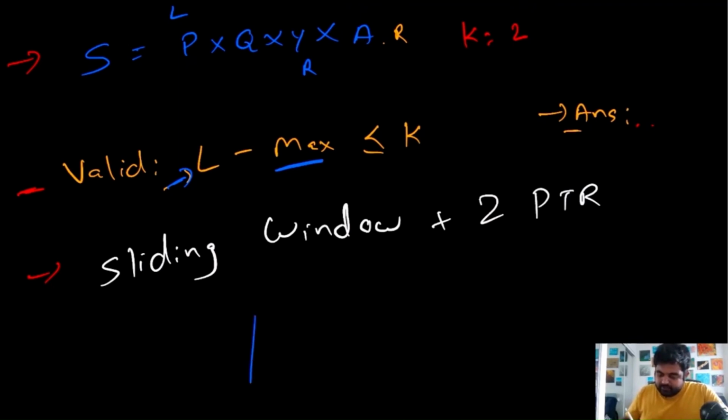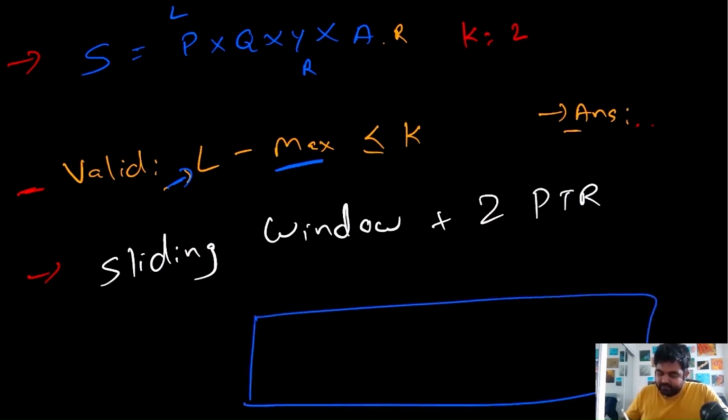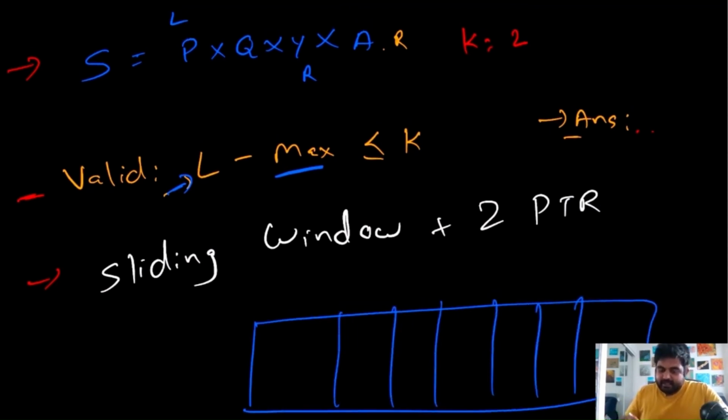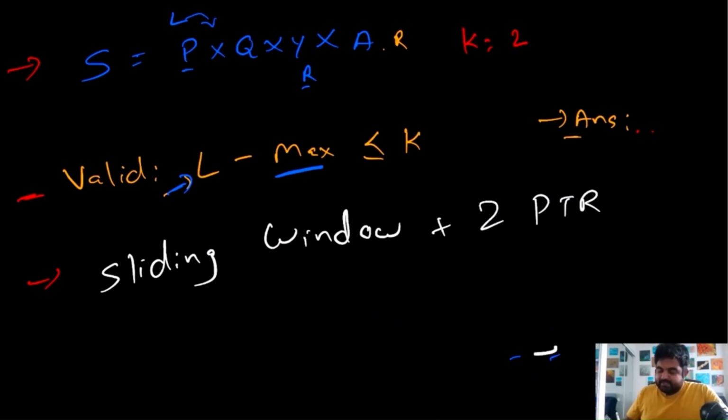So what we can do is create an array of size 26, one for every single character in the English language, because there are only 26 characters. Whenever we find any value on the right side, we will add that value to our array, or if we move any character on the left side, we will reduce that value from our array. So at any given moment, we would always know the maximum value we have at any given position.